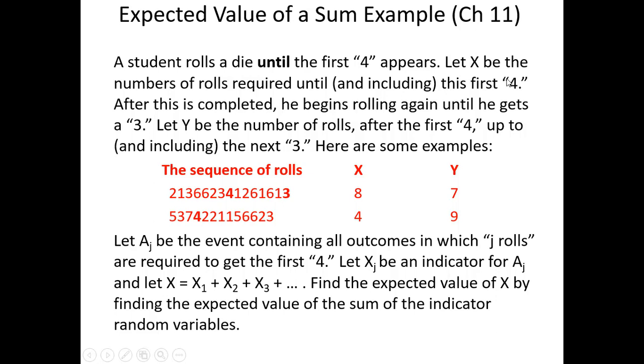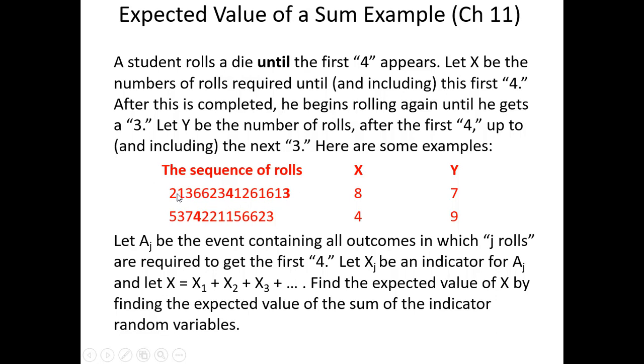So X, again, is the number of rolls required until the first 4, and then once he's done getting the first 4, we count the number of rolls until he gets a 3. And we let Y be the number of rolls until he gets his 3, but this is after the first 4. So some examples. Let's say here is our sequence of rolls.